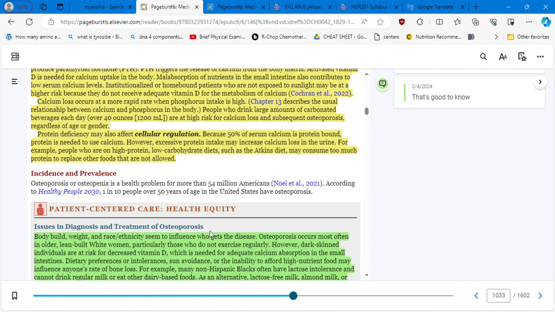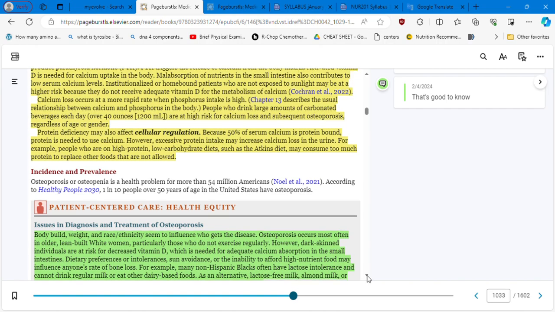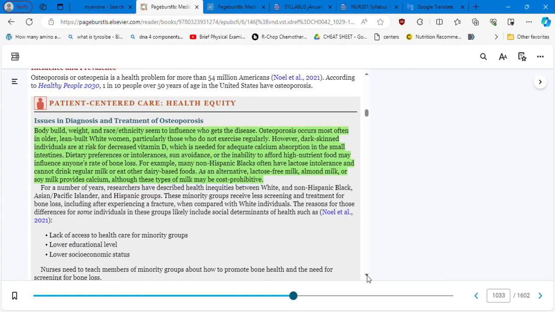Issues in diagnosis and treatment of osteoporosis. Body build, weight, and race and ethnicity seem to influence who gets the disease. So it's not only the lifestyle, but also the race and ethnicity. Osteoporosis occurs most often in older, lean-built white women, particularly those who do not exercise regularly. However, dark-skinned individuals are at risk for decreased vitamin D, which is needed for adequate calcium absorption in the small intestines.